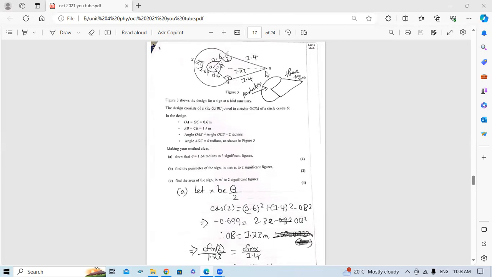Both have the same length. Angle OAB equals angle OCB equals 2 radians. Angle AOC equals theta radians, as shown in figure 3. Making your method clear, show that theta equals 1.64 radians to 3 SF.